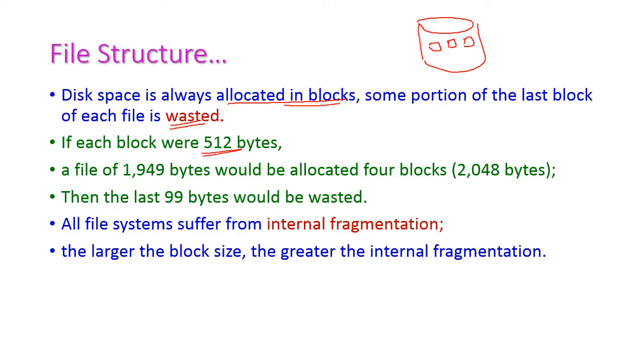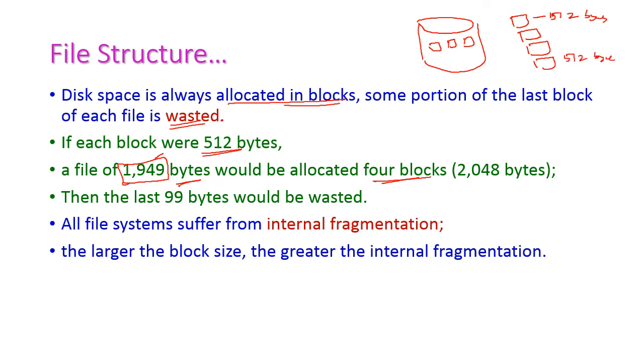So here we have a block, the size is 512 bytes. And suppose the file size is 1949 bytes. To store this particular file, we have to allocate 4 blocks. Okay, 4 blocks. All the block size is 512 bytes.